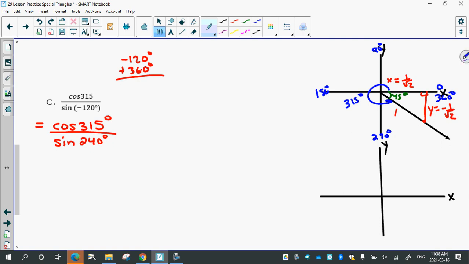And then 240. 240 is in the third quadrant. This is fine.